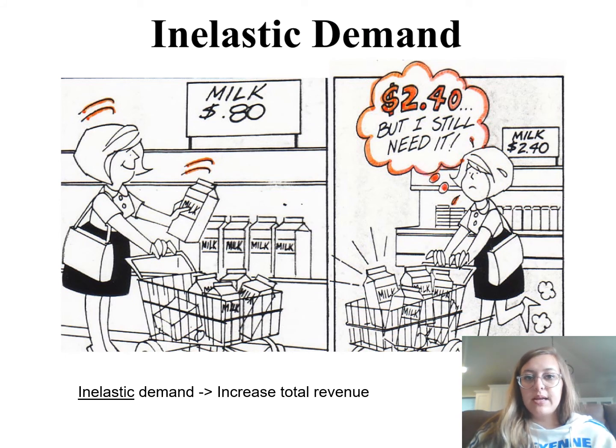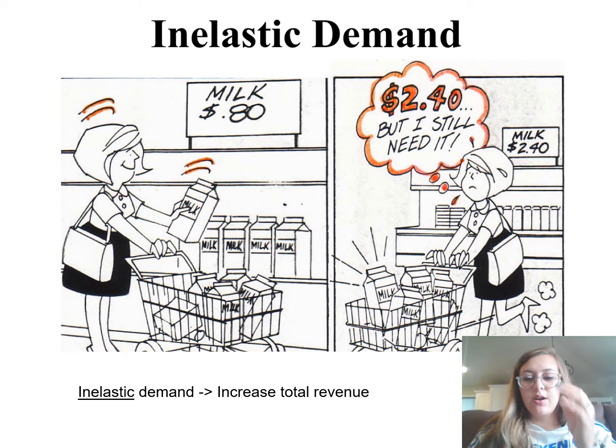So if demand is inelastic, consumers' demand is not very responsive to price changes. And if the price increases, the total quantity demanded will decrease, but by less than the percentage of the price increase. So this results in increased total revenues. So milk, for example, maybe it was 80 cents and now it's closer to $3.